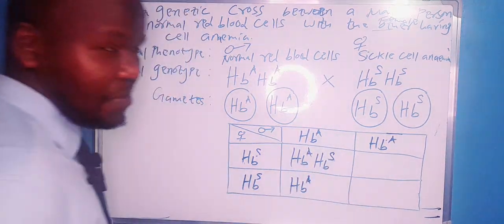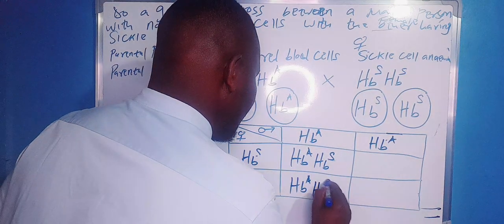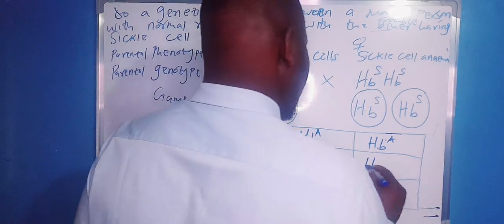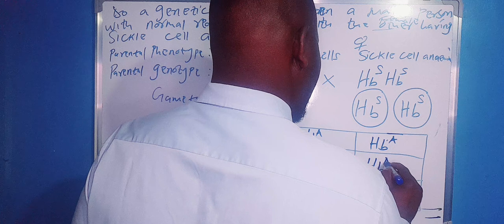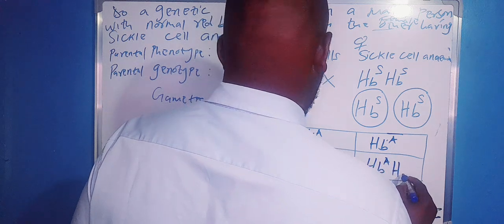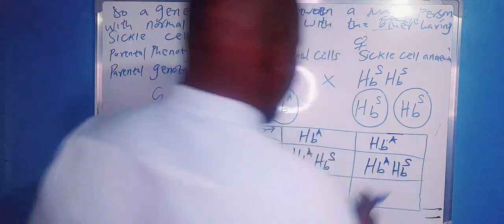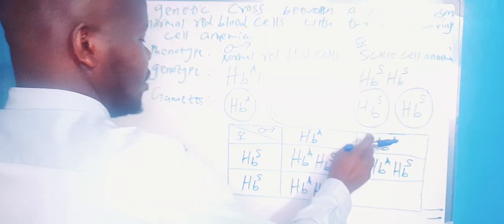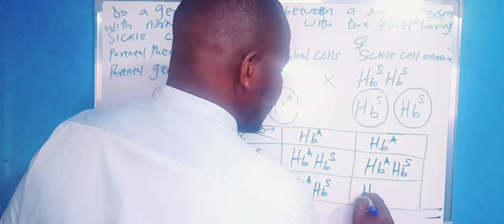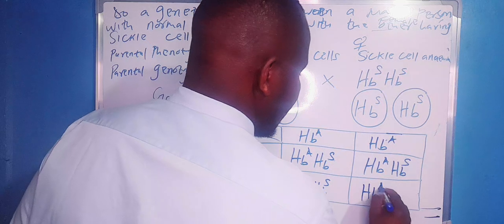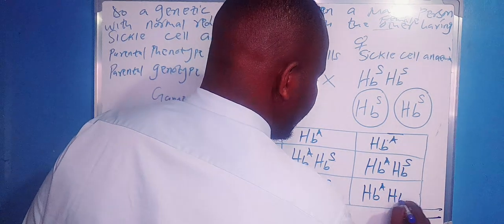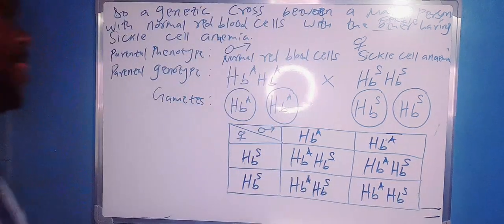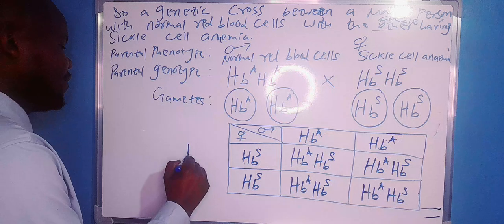We don't start with HbS, we start from the normal, then the other one, HbS. You can check this, your fusion.